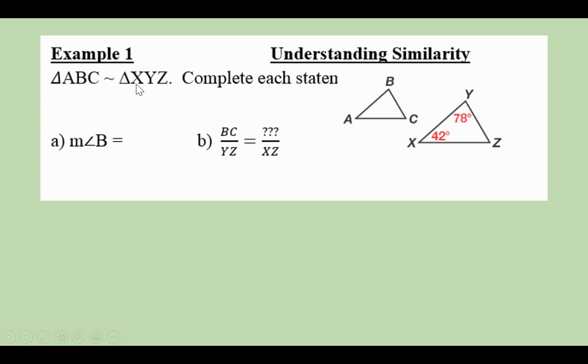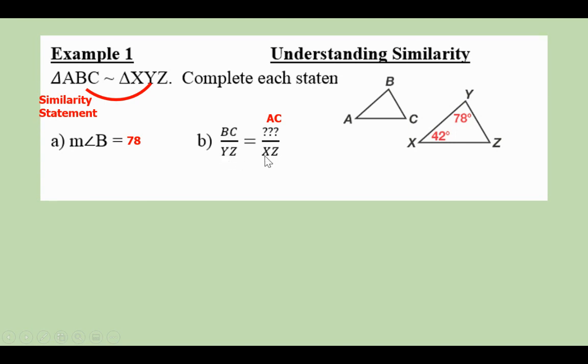A would go with X, B would go with Y, C would go with Z. So in this case, angle B is going to be equal to angle Y. If we look over in the diagram, we see that B would go with Y, so angle B has to be 78 degrees. Now over here, BC are the last two letters, and the last two letters are YZ, so we set them up in a proportion.